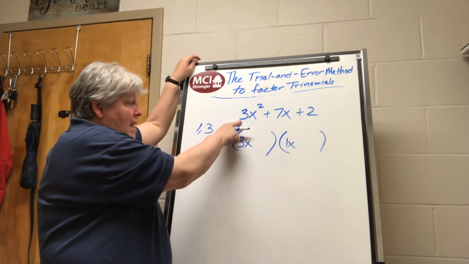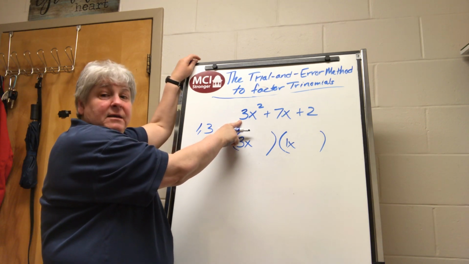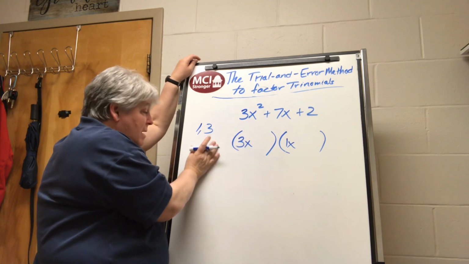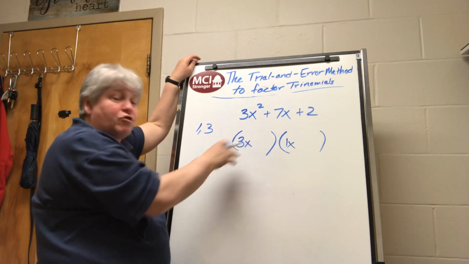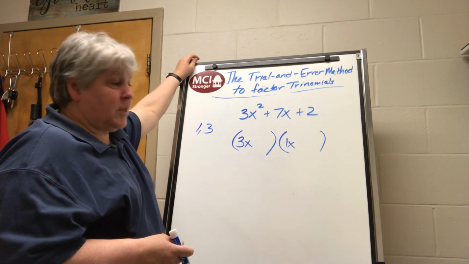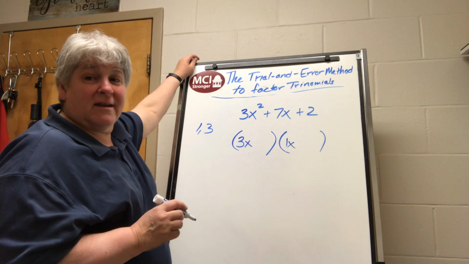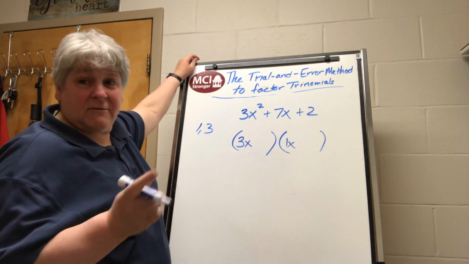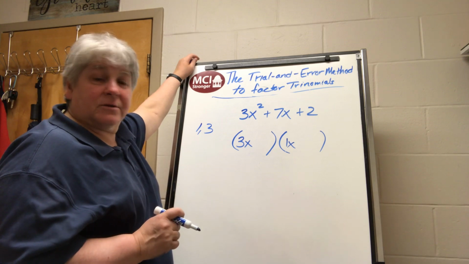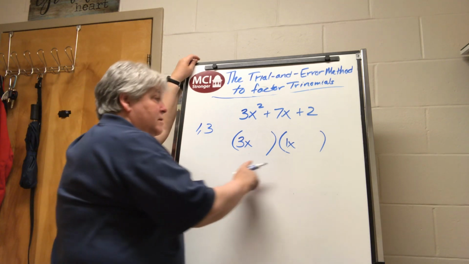If this were a number that had more possibilities, like 6, it could be 2 times 3 or 1 times 6, then I'd be making a list of the possibilities and trying them until I found a combination that worked. So it's best to do factoring in pencil and to have a calculator handy if you're not too good with your times tables.